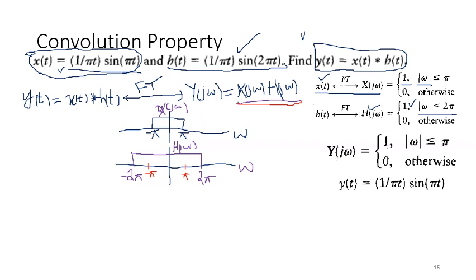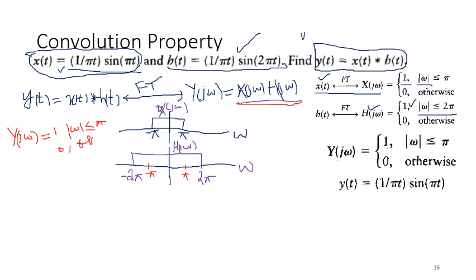So we have the non-zero value Y of j omega equal to 1 when absolute omega is less than or equal to pi, and 0 otherwise.